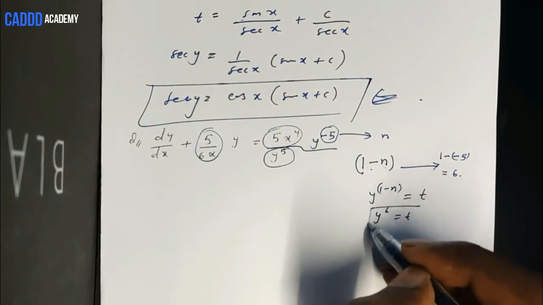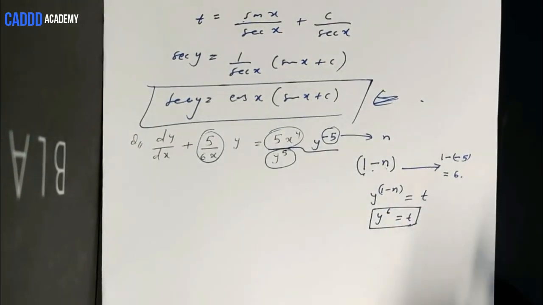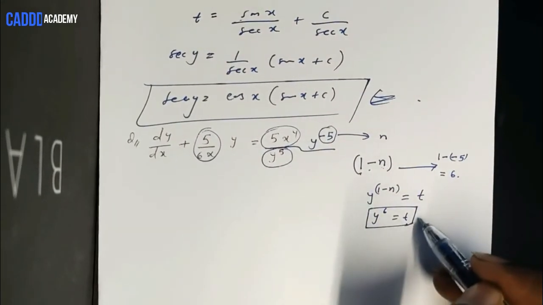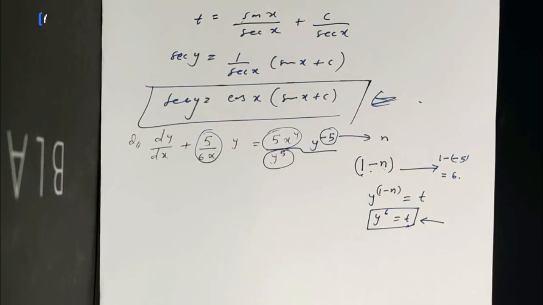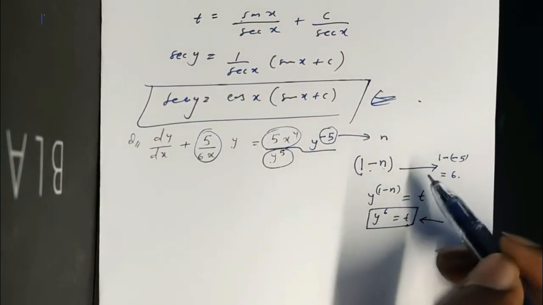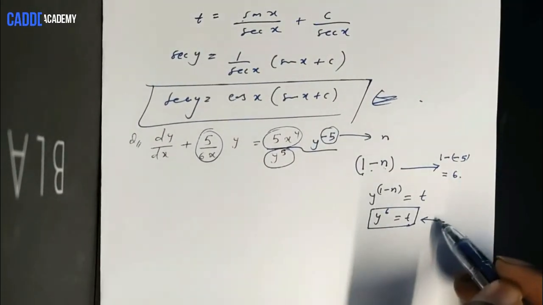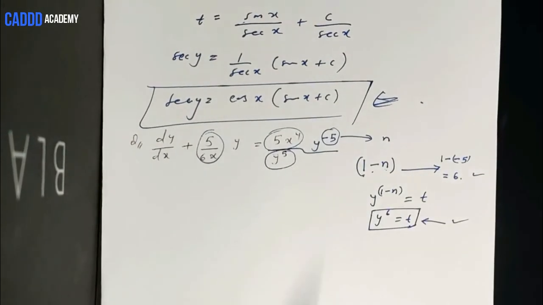So we have to remember these two things: y to the power 6 is equal to t, and this one and this one.